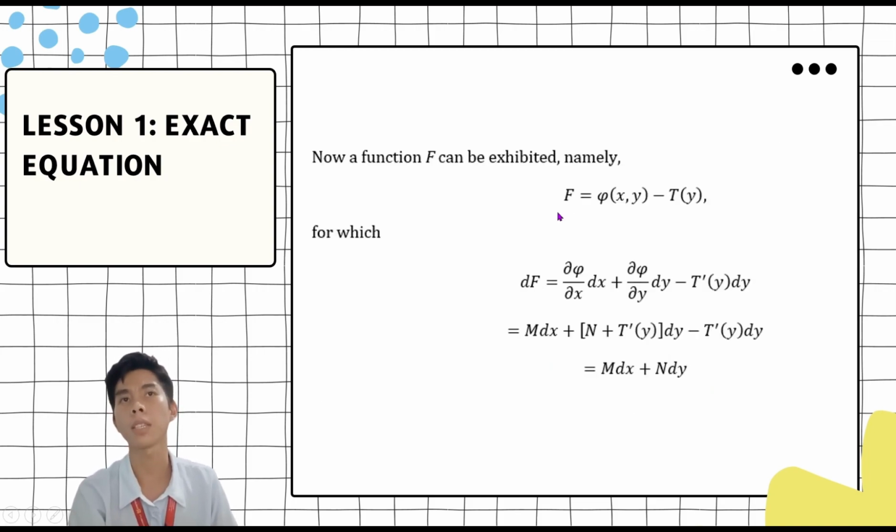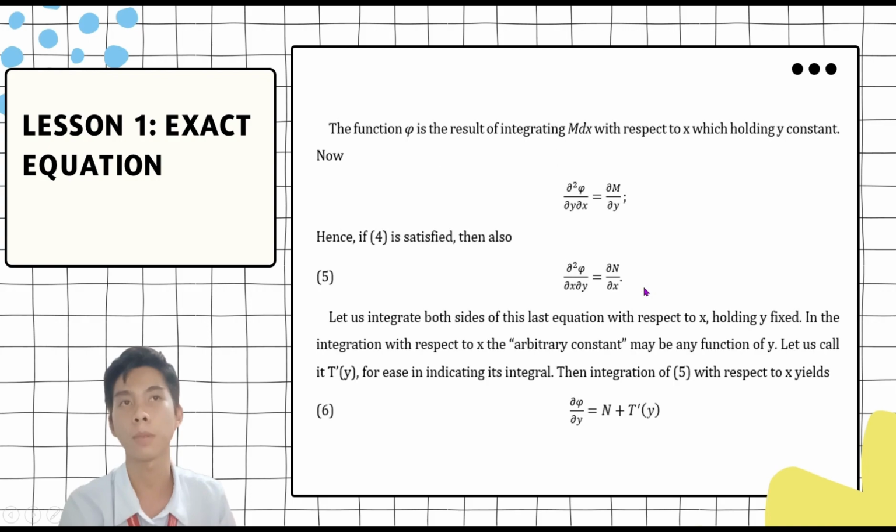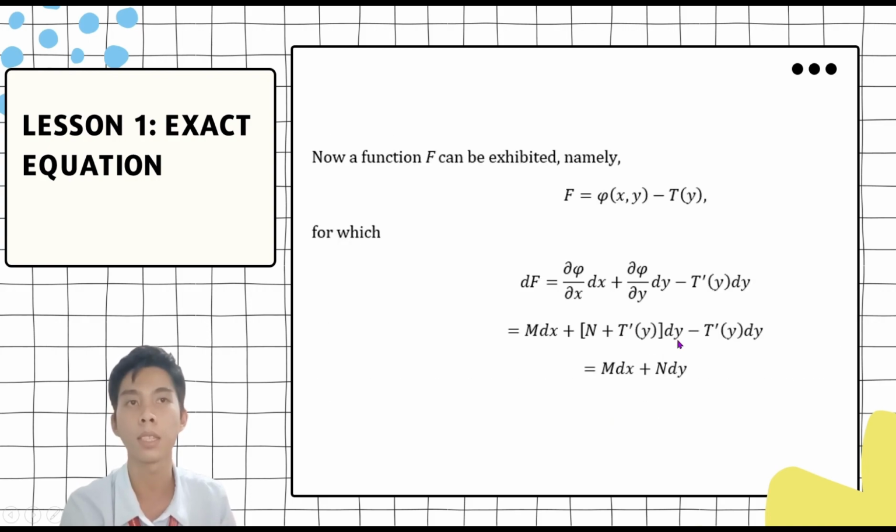Now, a function f can be exhibited, namely f equals phi of x, y minus t of y, for which df is equal to the partial derivative of phi with respect to x dx plus the partial derivative of phi with respect to y dy minus t prime of y dy, which is also equal to m dx plus the partial derivative of phi with respect to y, which is n, plus t prime of y dy minus t prime of y dy, equals m dx plus n dy.